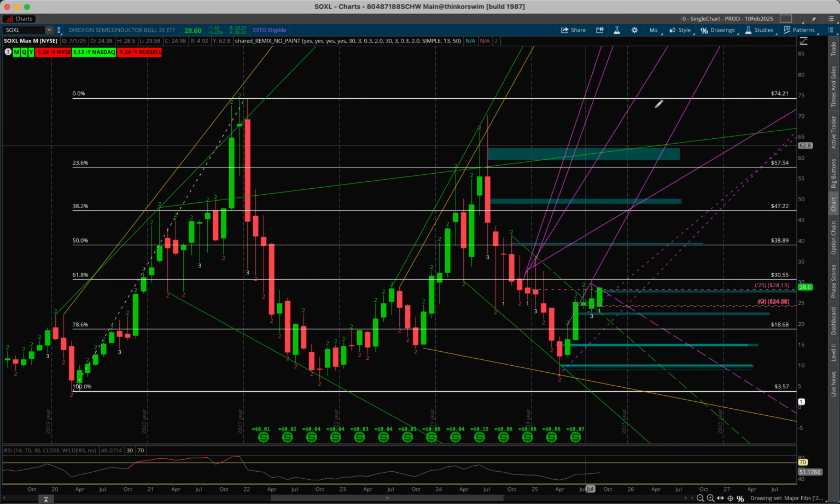You can see how it's been support and resistance in the past, so it's definitely going to come into play. Those are just extended targets for the 4-hour if we get up there: 29.66, 30.36, which goes with the 30.55, and then our extended targets past that. So we've got our triggers and targets to the upside and downside.